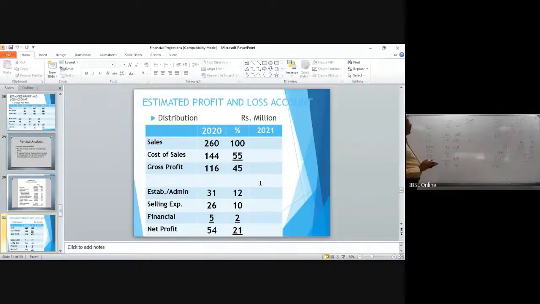And 12% on 400 is 48. 10% on the 400 is 40. 2% on the 400 is 8.